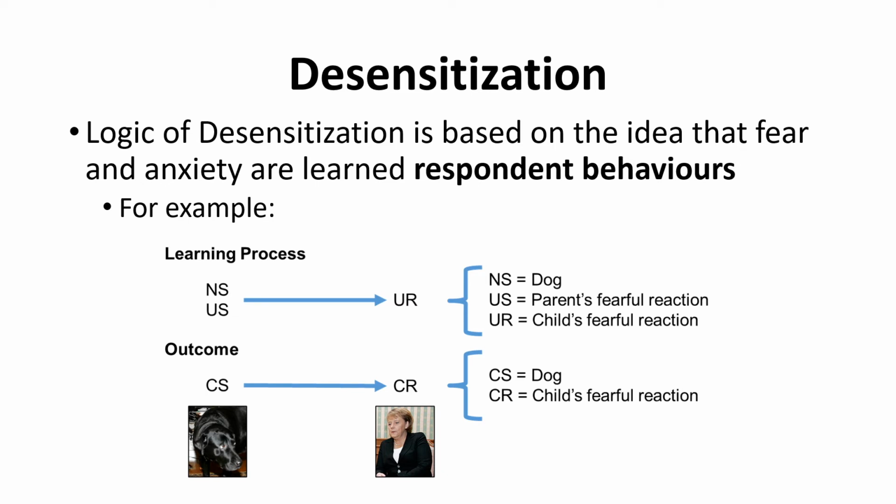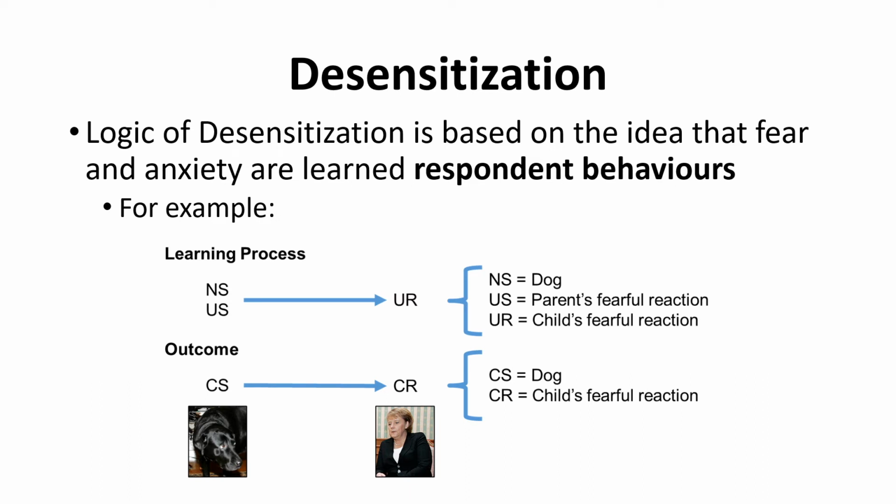Let's go back to our example of someone who's afraid of dogs. We would start with a neutral stimulus, a dog. And over time, through pairing with an unconditioned stimulus, something that happens naturally, maybe the parent is afraid of dogs, or maybe the child gets bit by a dog and then they feel pain or something like that.